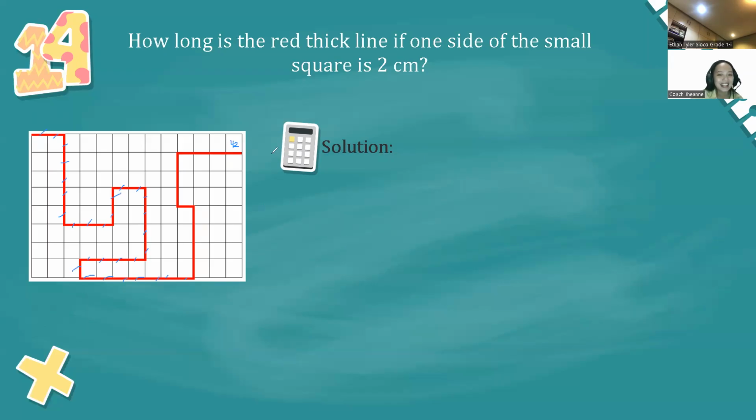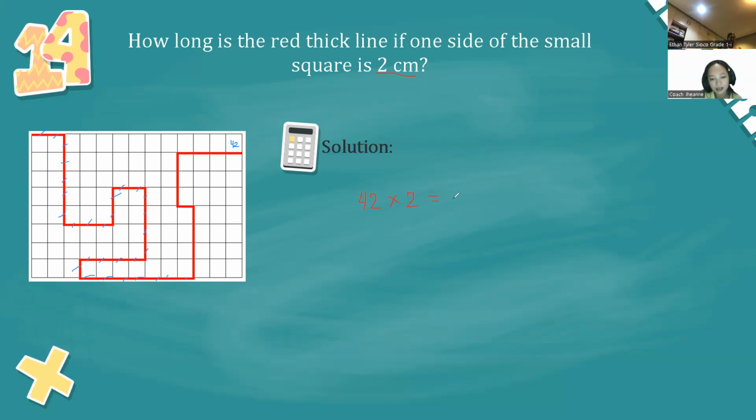Now it is stated here that one side of the small square is 2 centimeters. Now we simply multiply the number of sides that has red lines, that is 42, multiplied by 2 centimeters.